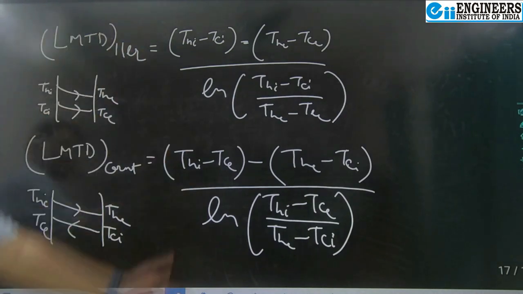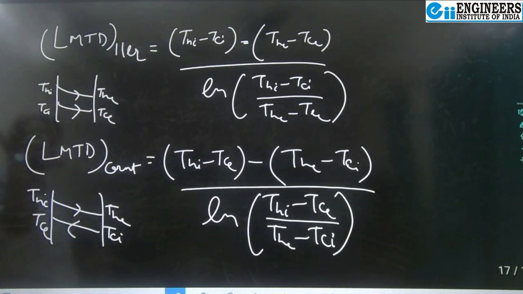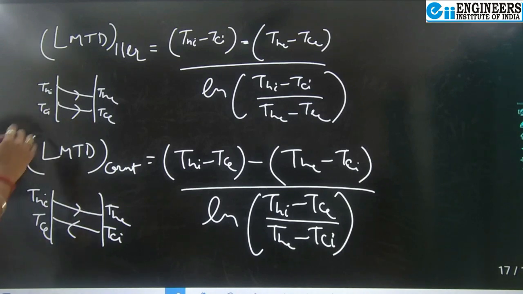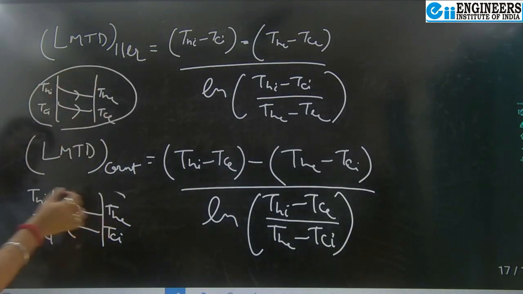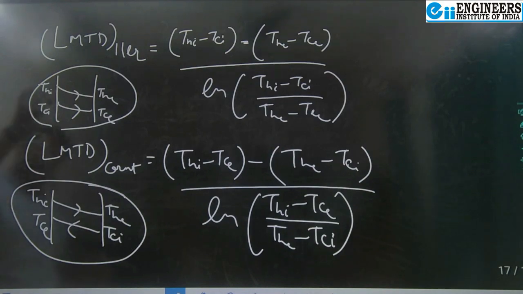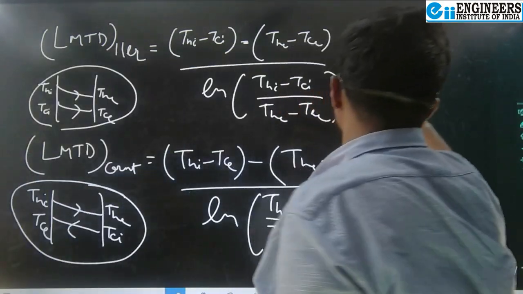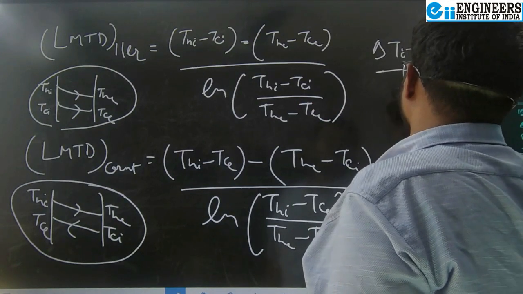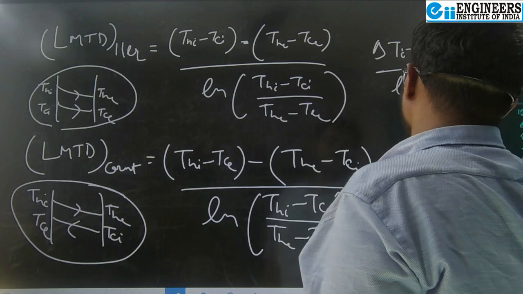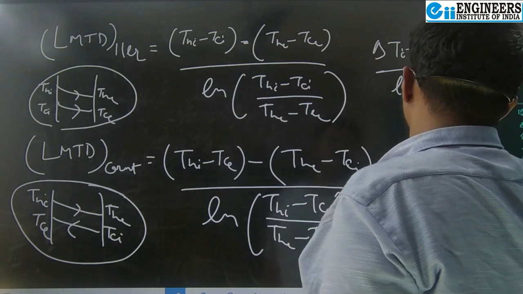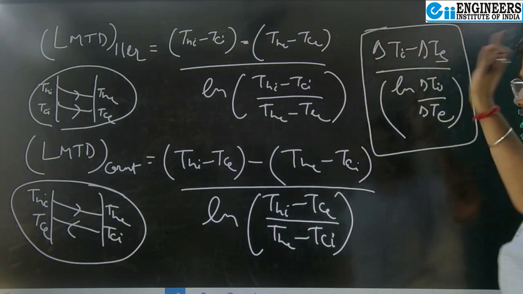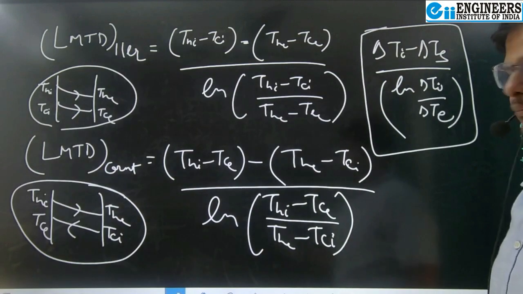So this is the LMTD equation to estimate the logarithmic mean temperature difference for parallel flow and counter flow. Here is the trick to remember the LMTD: remember these two graphs for parallel and counter flow, and the generalized equation del Ti minus del Te divided by ln del Ti by del Te. This is what the LMTD shows, the logarithmic mean temperature difference.